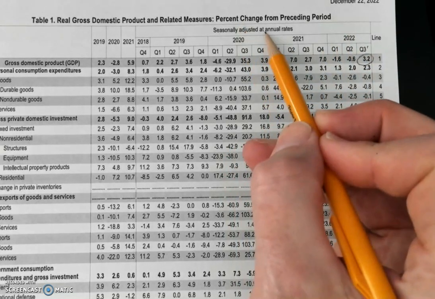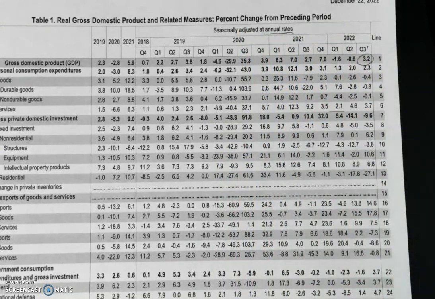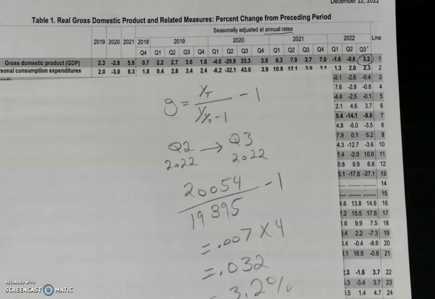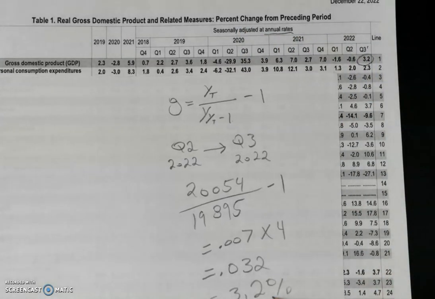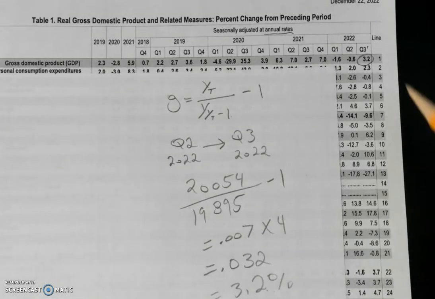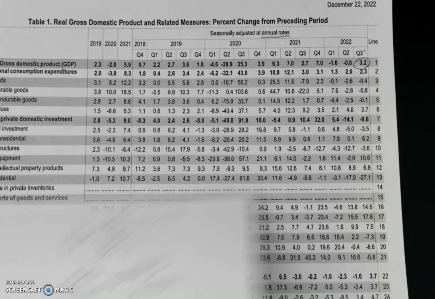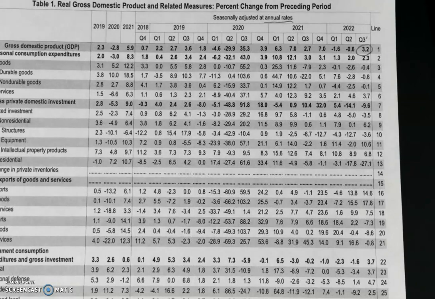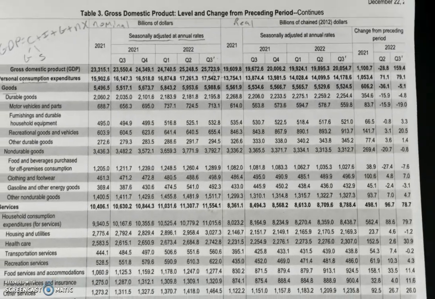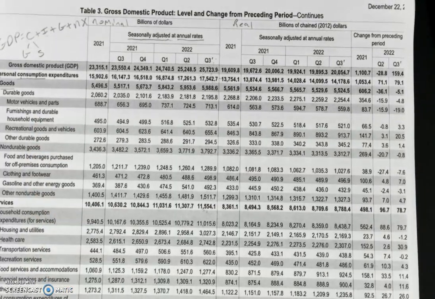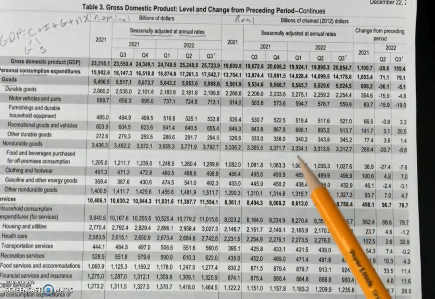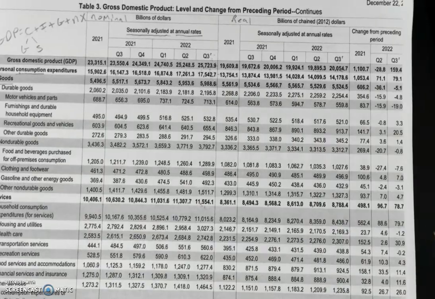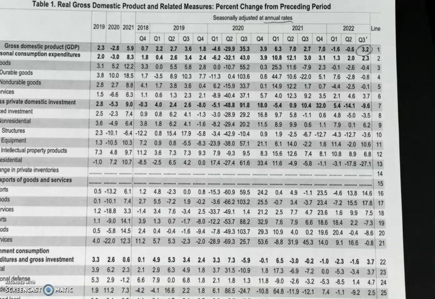And notice it says here annual. So we just did the calculation and now we're verifying it. 3.2% here. 3.2% here. So you can actually practice with this. Take data from table 3, for any particular category, or if you want to look at different periods, and then verify your answers with table 1.